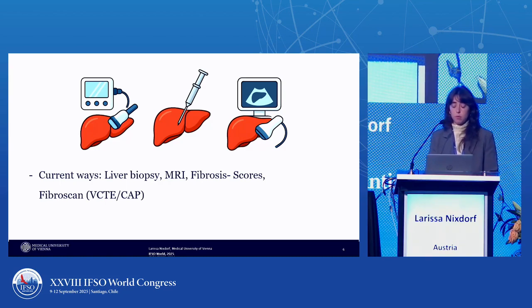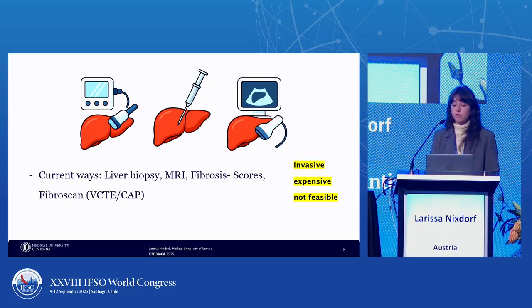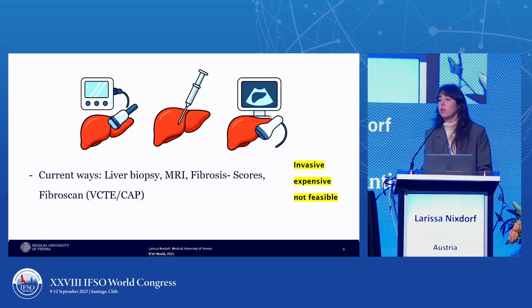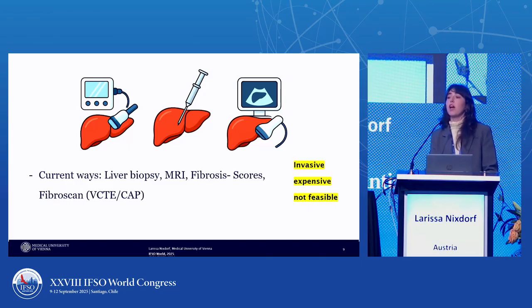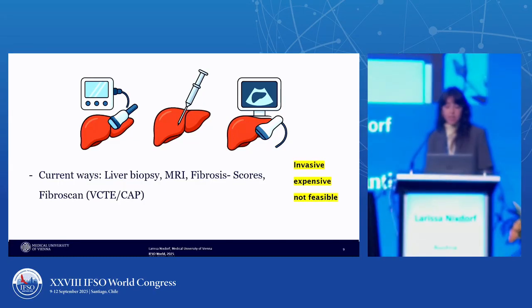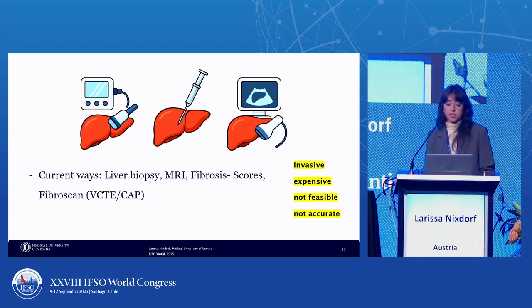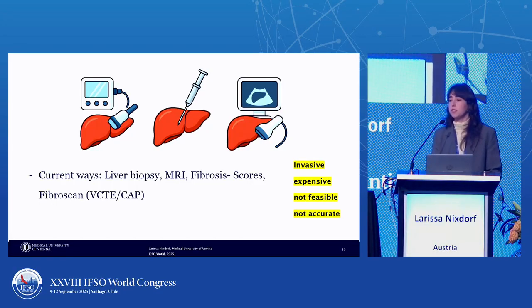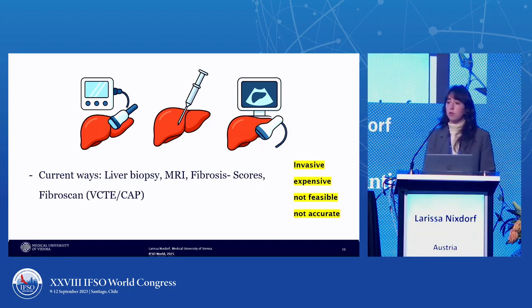The problem with all these ways is that they are either invasive when you think of the liver biopsy. They're expensive or not feasible when you think of the MRI. Not every hospital has an MRI, and if you have one, you do know that for months there are no appointments. The fibrosis scores and the FibroScan, especially in patients with obesity, can also not be accurate.